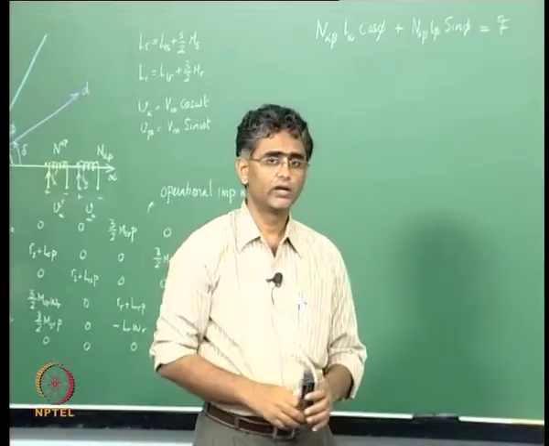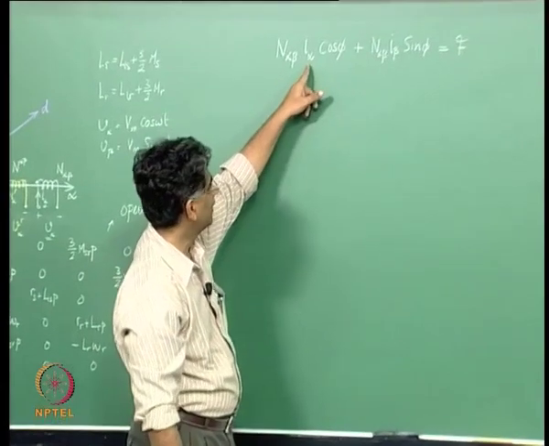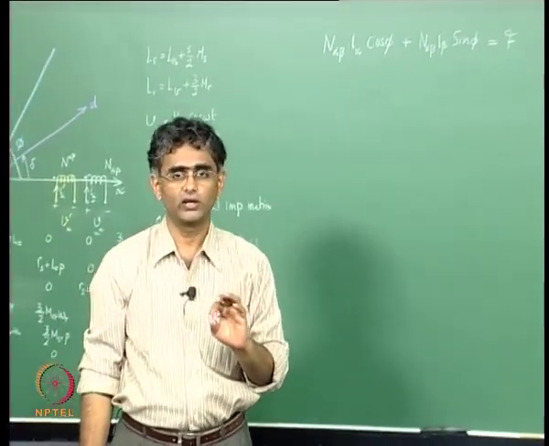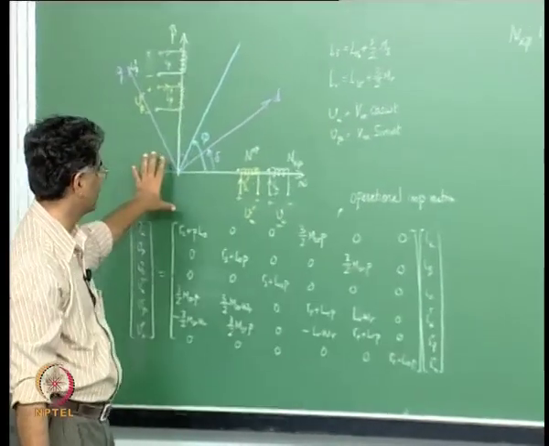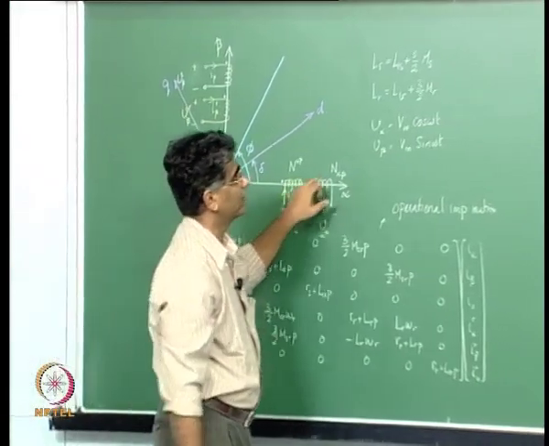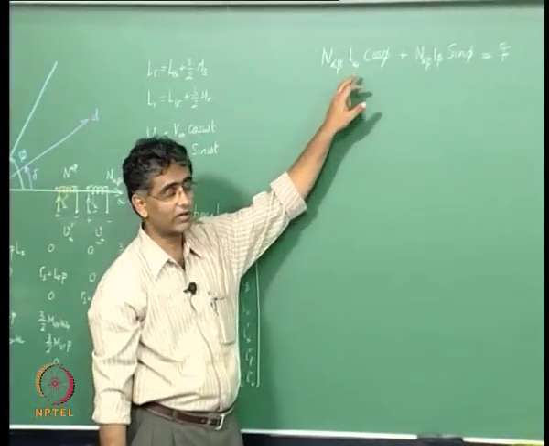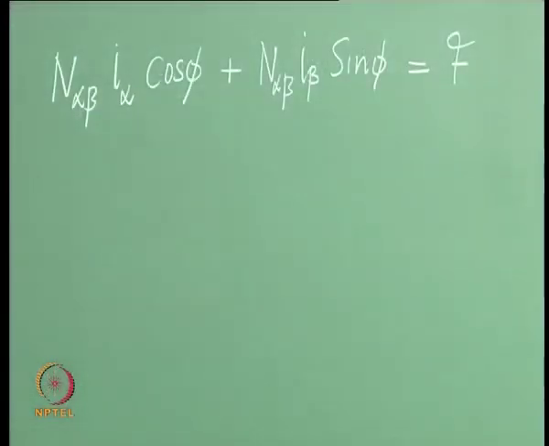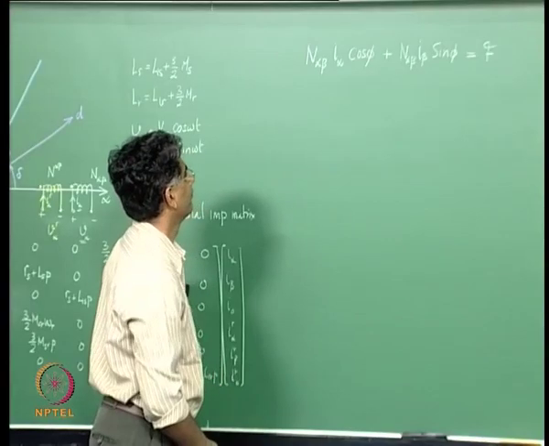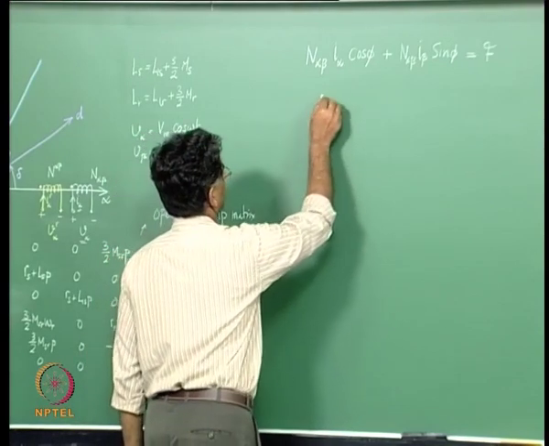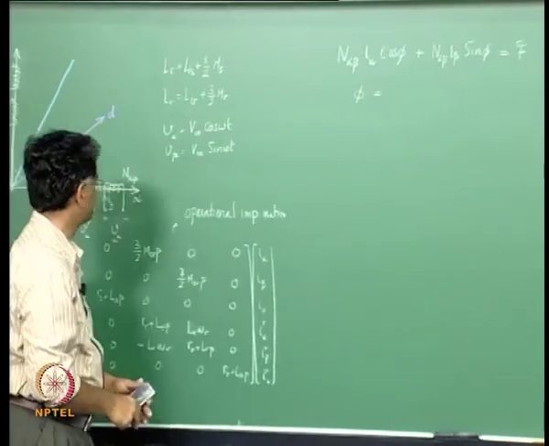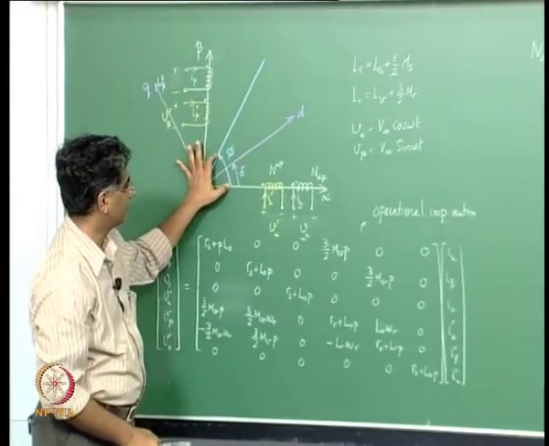Please note again that this I alpha is the instantaneous value of whatever current is flowing there. So, if we have drawn this diagram at a given instant of time t, then this current I alpha is that flow of current at that particular instant, which is not the RMS value or the peak value, so to say.